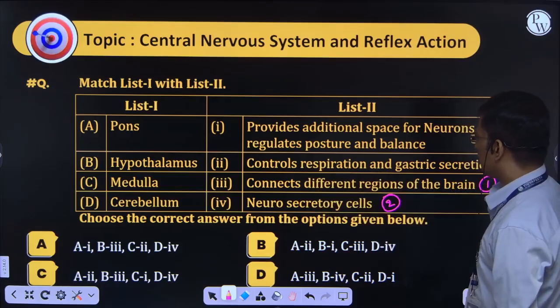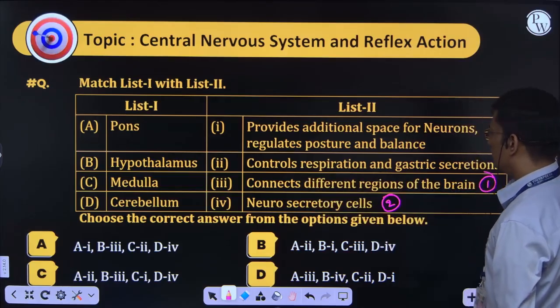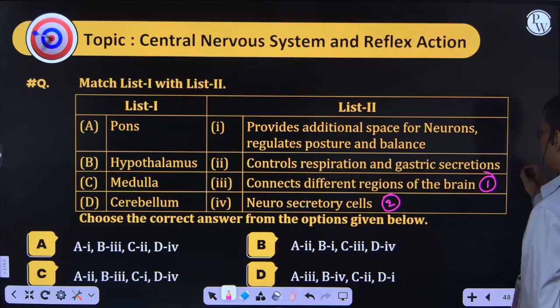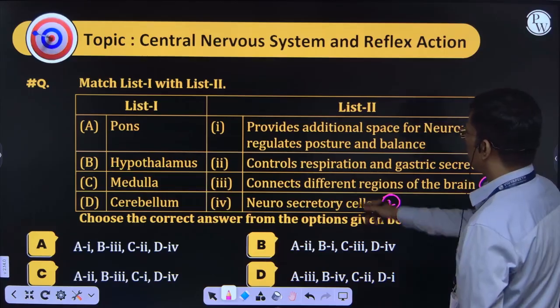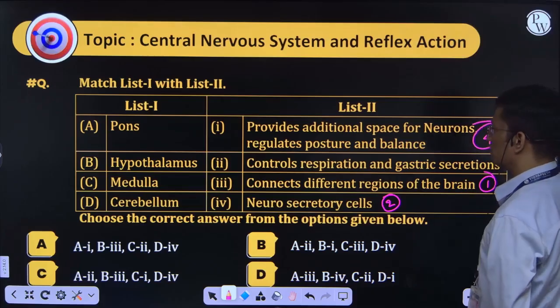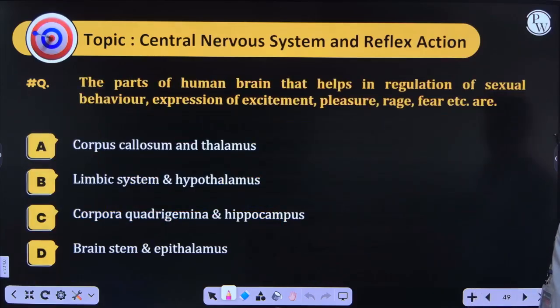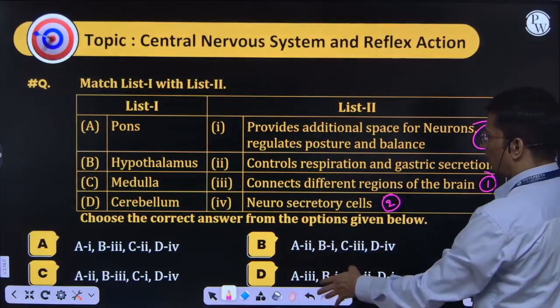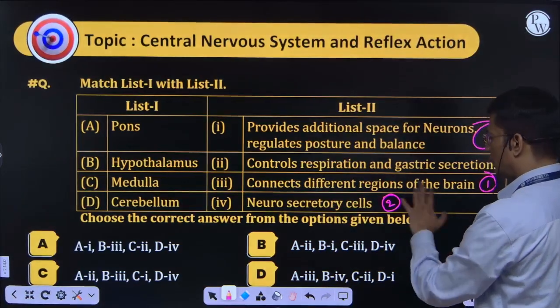Medulla oblongata is involved in control of respiration and gastric secretion. Cerebellum provides additional space for regulation of posture and balance. So here are the different parts of the brain and their functions, a very important part.